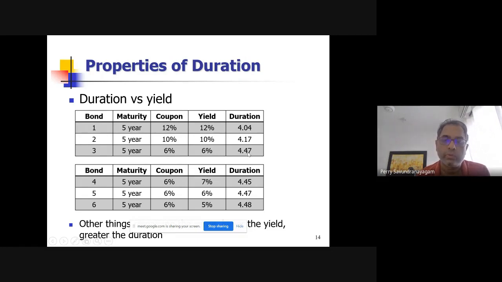works out to 4.47. Now, if they told you that you're going to get paid all of these coupon rates at maturity, then what would be the duration on all this? If I told you that all of these 5-year bonds, you will get all your interest and capital at maturity, not annually, what will happen then?